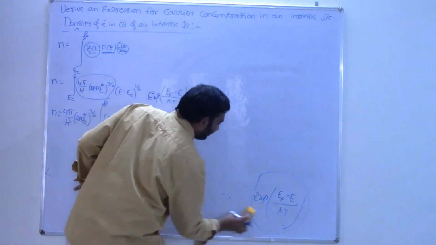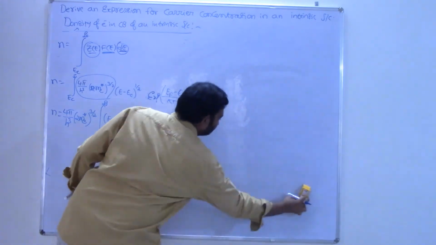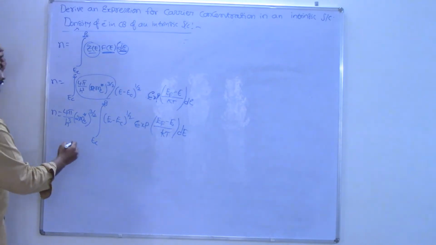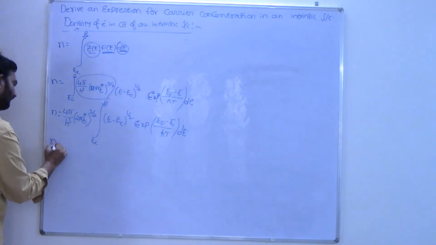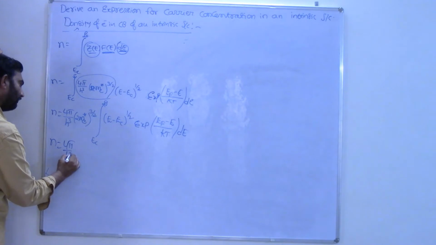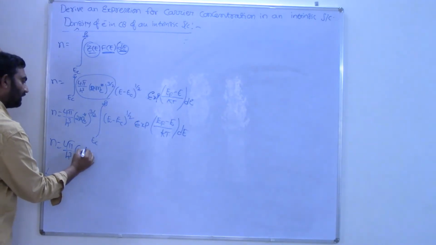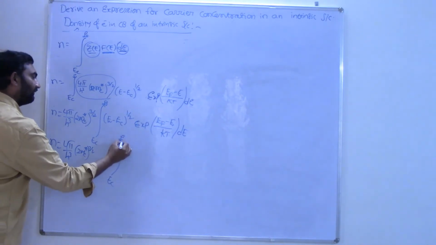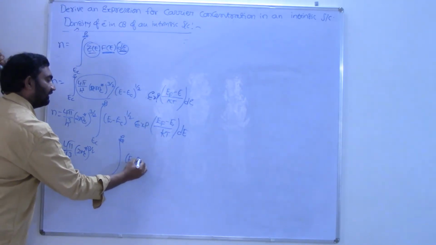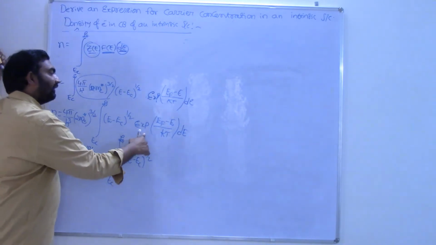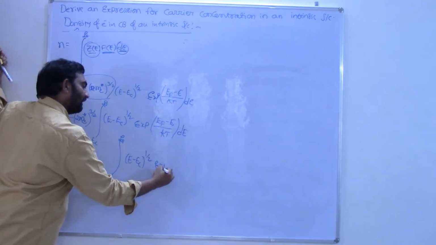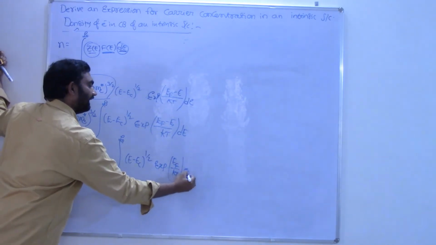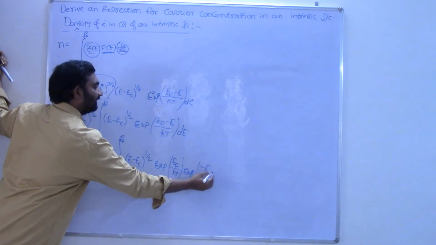I'll create some space. Once again this can be done like this: 4 pi by h cube into 2 me star whole to the power of 3 by 2 into the integration from EC to infinity of E minus EC whole to the power of half. This can be subdivided as exponential of EF by KT into exponential of minus E by KT.